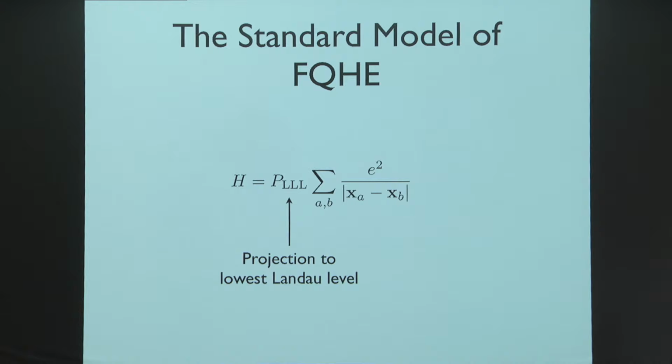One can do this projection explicitly and write down the Hamiltonian in terms of the creation and annihilation operators on the lowest Landau level. I did not write it down, but you can do that, and you can find that the Hamiltonian would be a quartic Hamiltonian in terms of the creation and annihilation operators, which is a very non-trivial problem. There is no quadratic term in the Hamiltonian, only a quartic term.